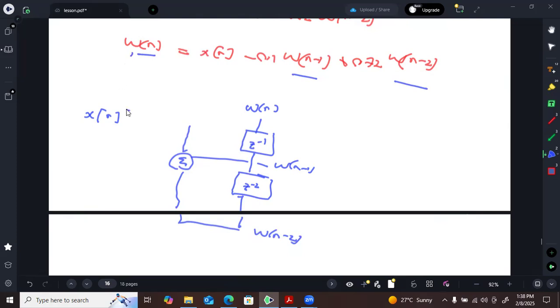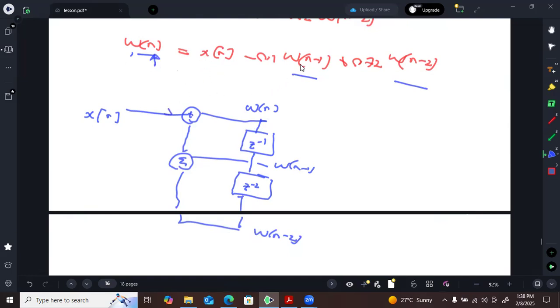I can bring the xn there. So you can see my wn here, I have the xn coming in there.